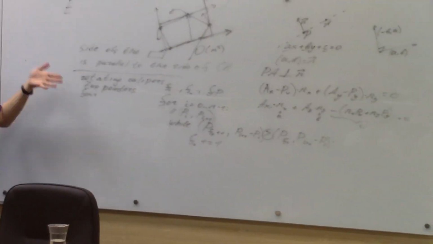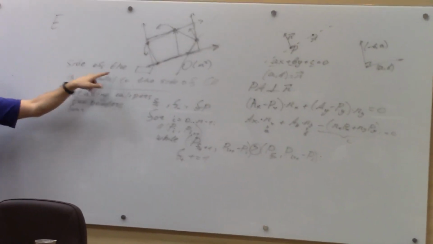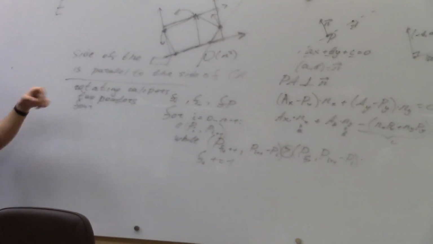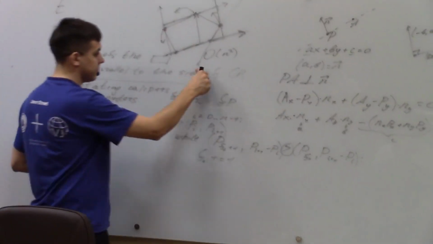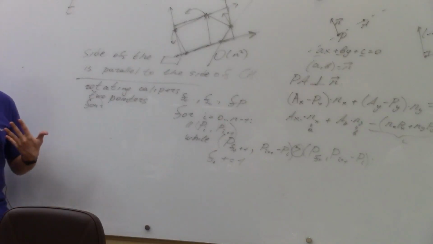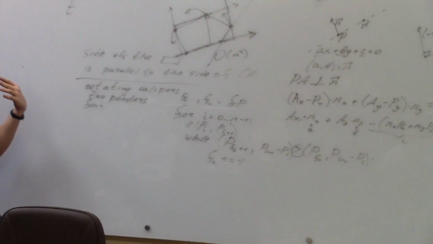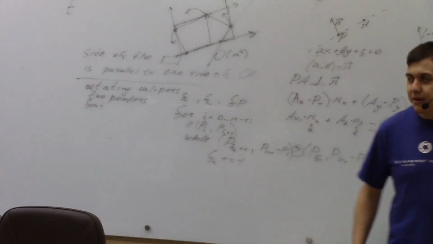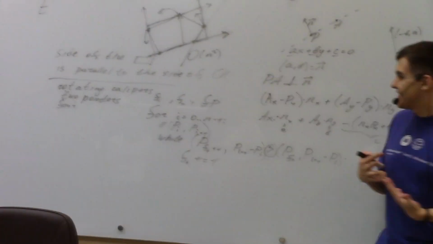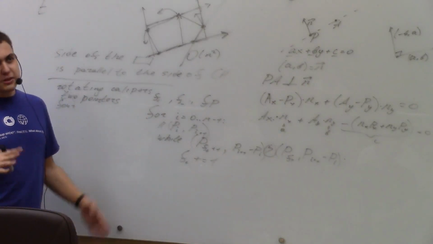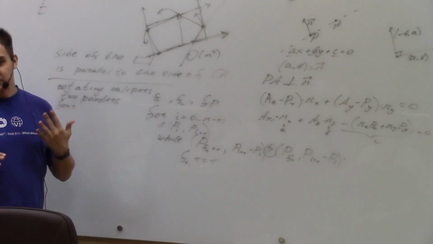So even if you don't know how to prove that one side of the rectangle will be parallel to the side of the convex hull, you can just guess it. It's usually true. And even if it's not, like if you have a solution and you got wrong answer, the common technique here, might be a bad advice, but, let's assume that the function between two adjacent angles is good enough.